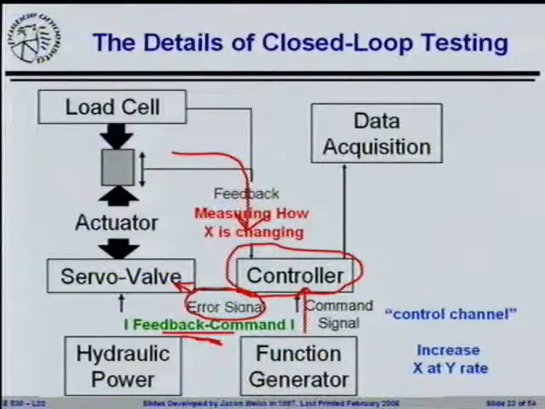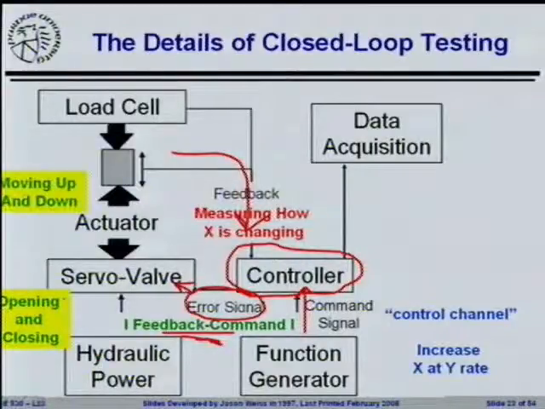So the feedback is measuring how X is changing. The control channel is telling us what to do, and we're getting our overall feedback signal by the servo valve opening and closing. This is moving our actuator up and down.